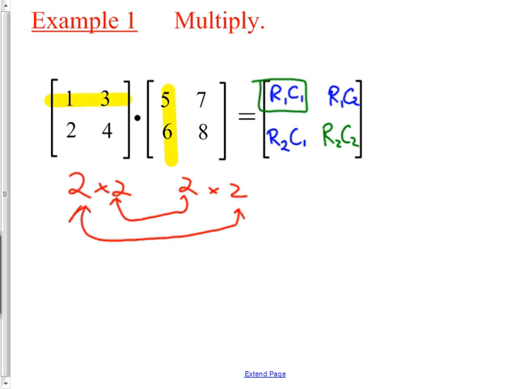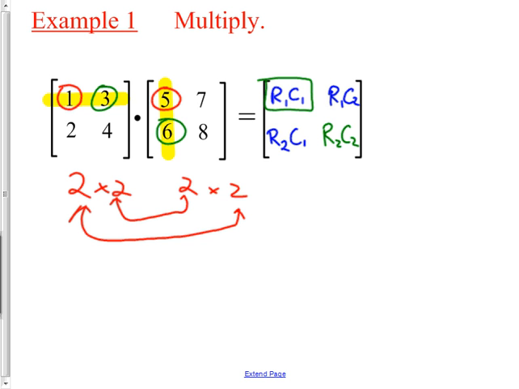Now, does that make sense to you that this spot right here, I'm going to take row 1 and column 1 and put them together and put the answer right there? Okay? So which ones correspond? I think this will make sense to you. The 1 goes with the 5, and the 3 goes with the 6. So 1 times 5 and 3 times 6.